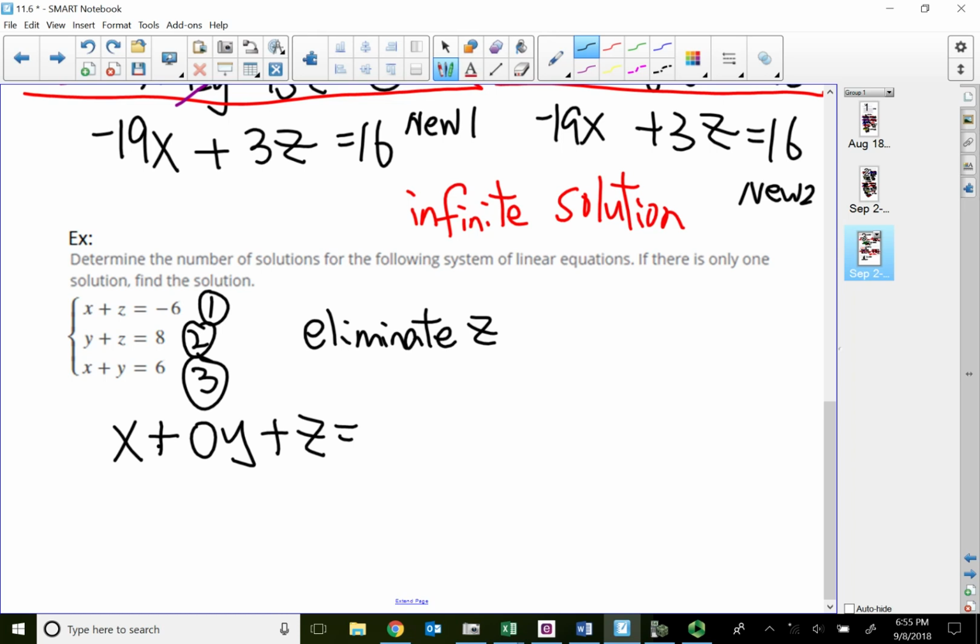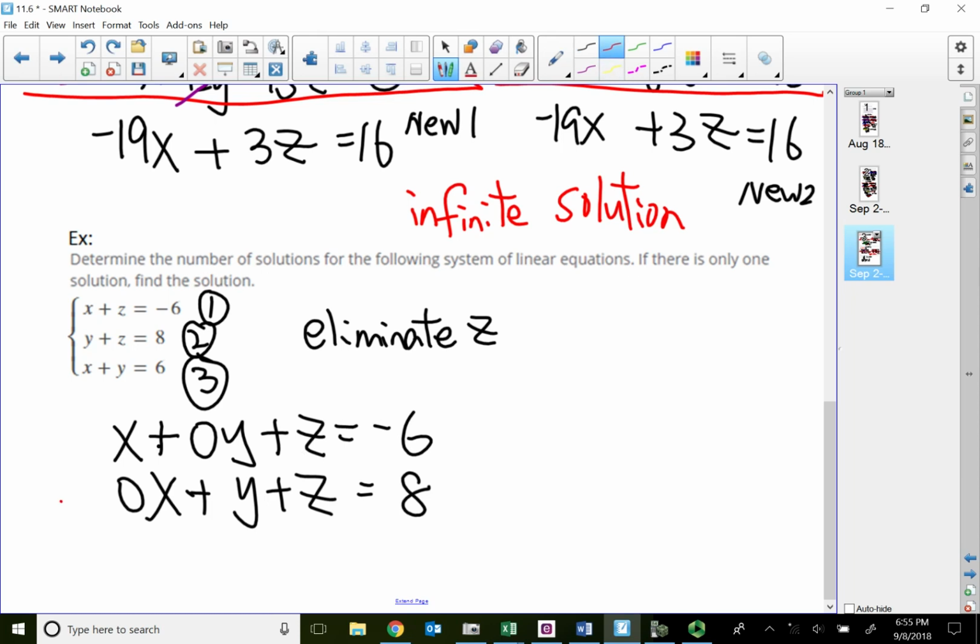So I write it down so you can see when I need to subtract or add, I need to use that 0 as a placeholder. So the second equation is really saying 0x plus 1y plus z equal to 8. So I'm trying to eliminate z. So z has the same sign.